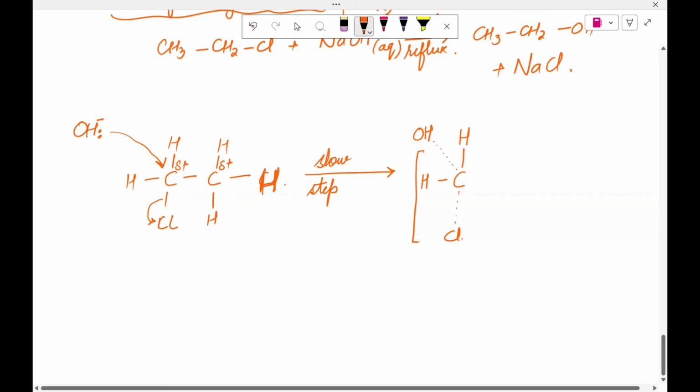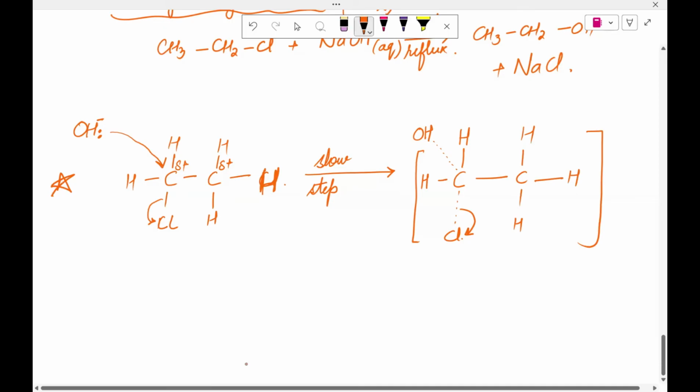It is going to break like this. This is C, H, H, and this one is H. You have to show this step as well. Very important step.